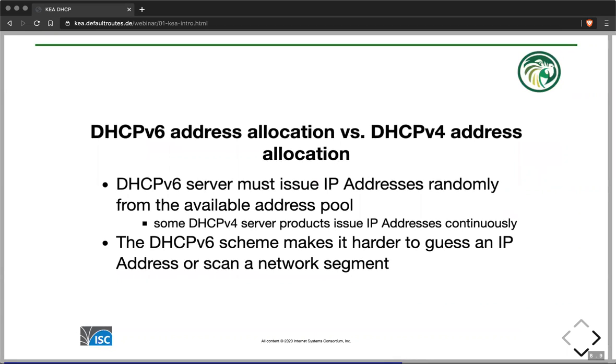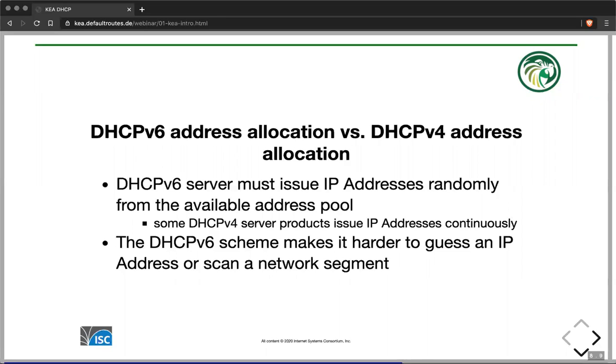A DHCPv6 server, and the RFC is mandating that, must always issue IP addresses randomly from the address pool. And IPv6 address pools can be really, really large. This is in contrast to DHCPv4, where some server products issue IP addresses continuously. So in IPv4, a DHCP server could just give out the first address from the pool, then the second address, and then the third address from the pool.